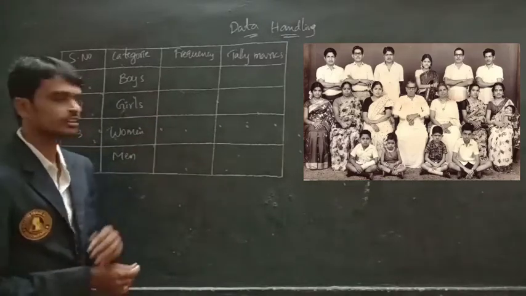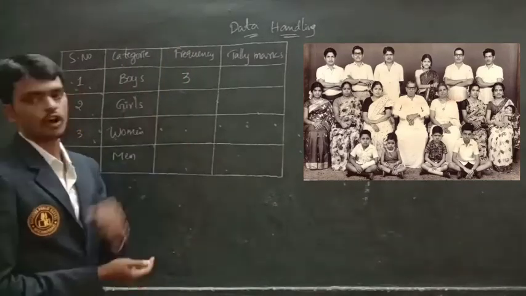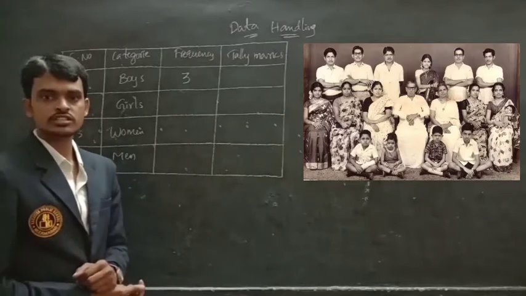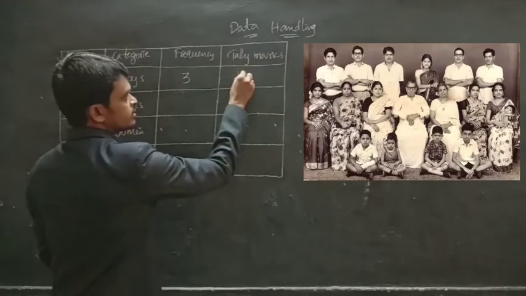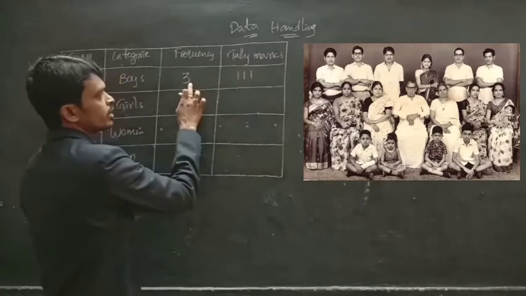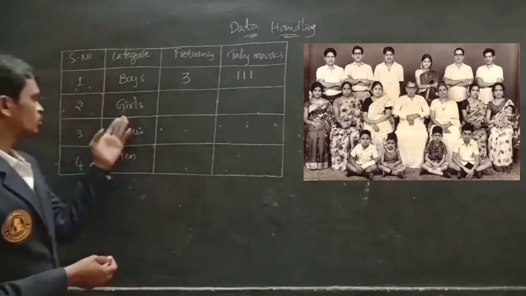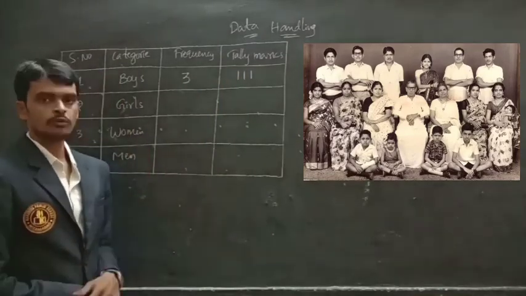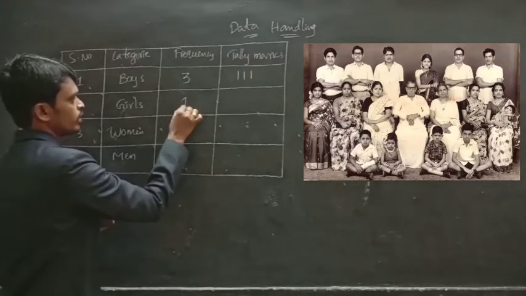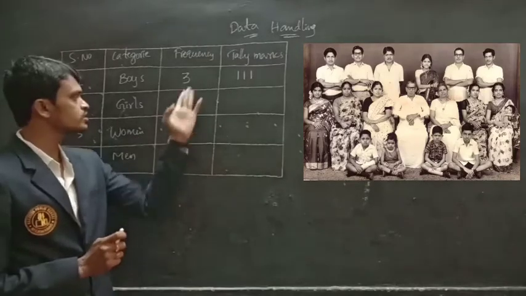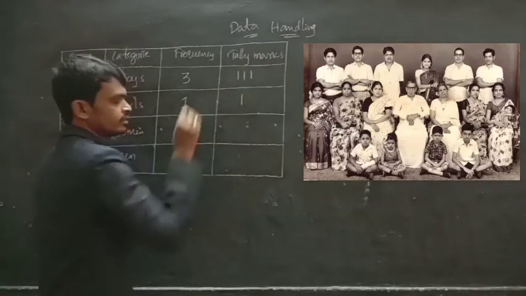So 3 boys, and 3 is the frequency. Now tally marks: we write them using standing lines, so 3 boys are 3 standing lines. Now girls: only one girl, one observation. The frequency is 1, and the tally mark is also 1 standing line.